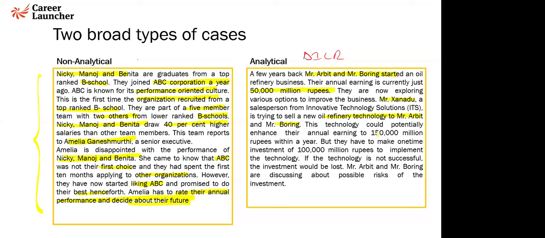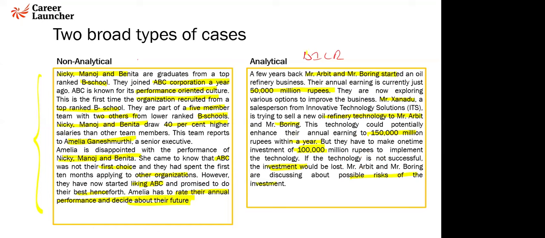The technology could potentially enhance their earnings over many years, but they have to make a one-time investment. So the earning can increase by this much, but the investment required is this much. If the technology is not successful, the investment will be lost. They are discussing the possible risks of the investment, and then there will be some data in the question based on which we'll have to answer.